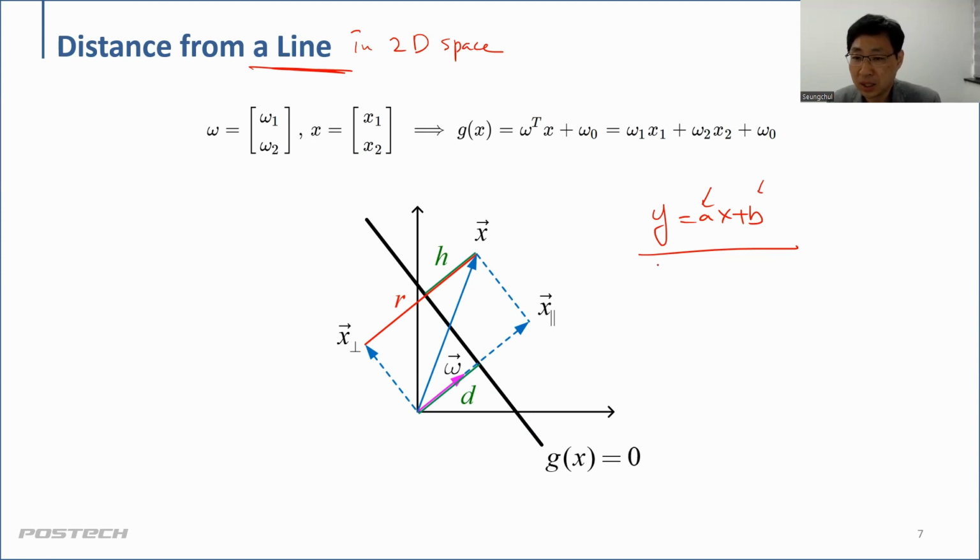Now I want to switch it so that this is X of 2 and this is X of 1. I will say A times X of 1 minus X of 2 plus B equals zero, where these are unknown coefficients. So I want to change the notation.